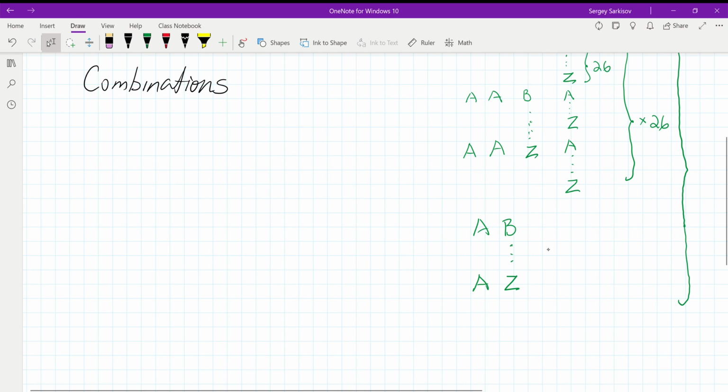Already we have 26 times 26 times 26. Now imagine changing the first letter A to B, and you again have 26 cubed, and you change it to a C, and you have 26 cubed again. Then you do 26 of 26 cubed, and "of" basically means multiply in word problem language. And so we have 26 to the fourth power, right?